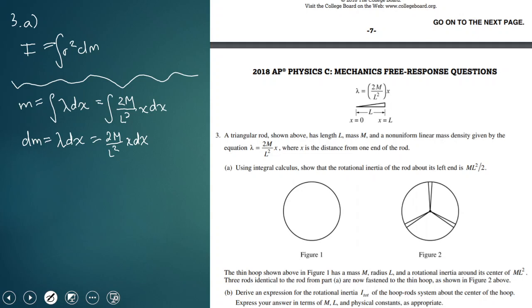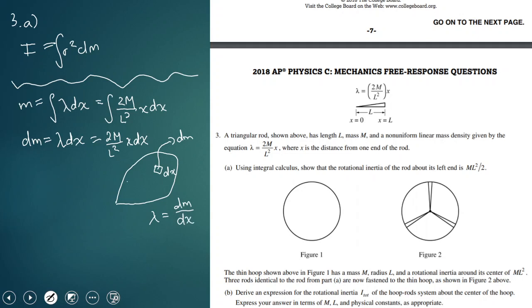So let's say I have a shape, and I take a very small section dm with width dx, then I can say that my density is going to be equal to dm over dx. So it's going to be equal to mass over that small section.